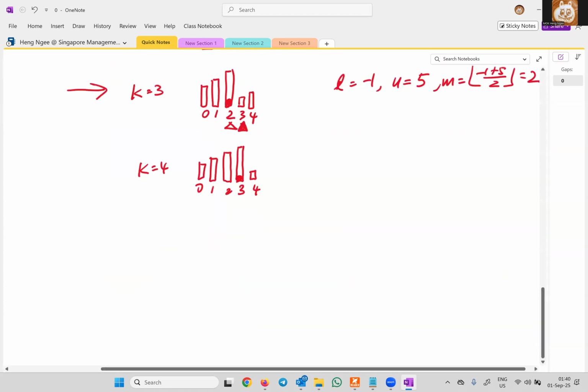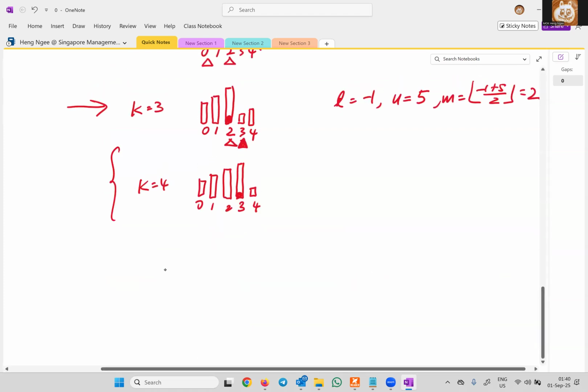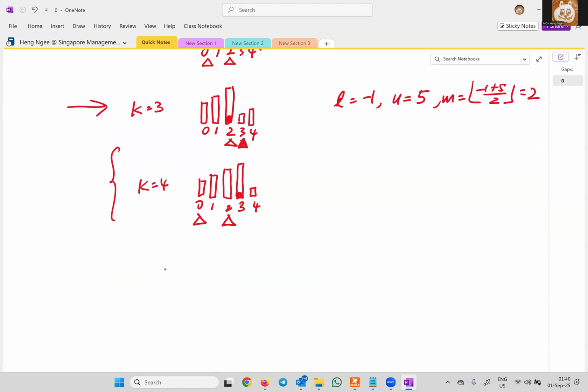On the other hand, we have this situation. If we compare the midpoint with the element at position 0, and the element at position 0 is smaller than the midpoint, you can conclude that the peak is on the right half.